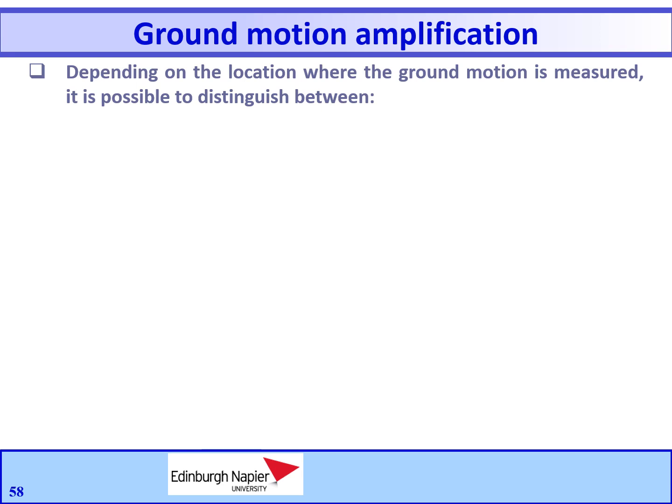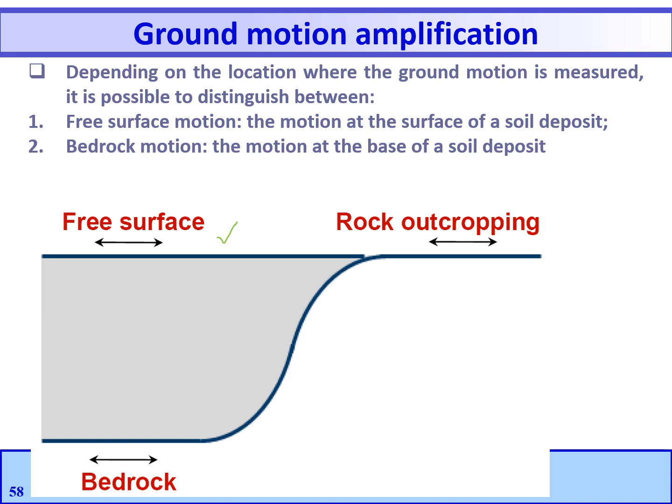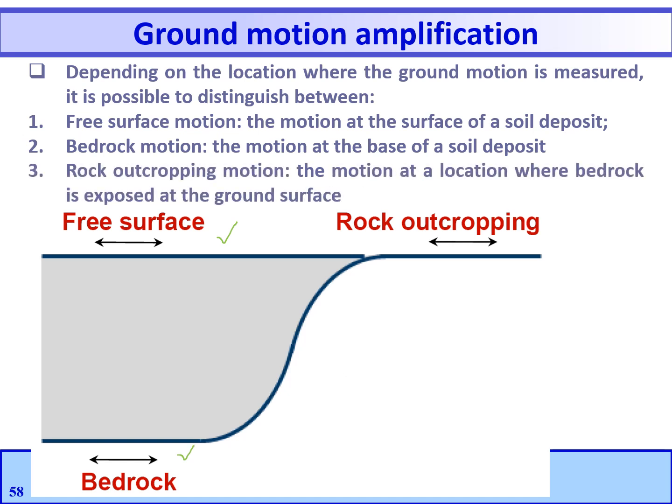Depending on the location where the ground motion is measured, it is possible to distinguish between the free surface motion, which is the motion at the surface of a soil deposit, the bedrock motion, which is the motion at the base of a soil deposit, and the rock outcropping motion, which refers to a location where bedrock is exposed at the ground surface.